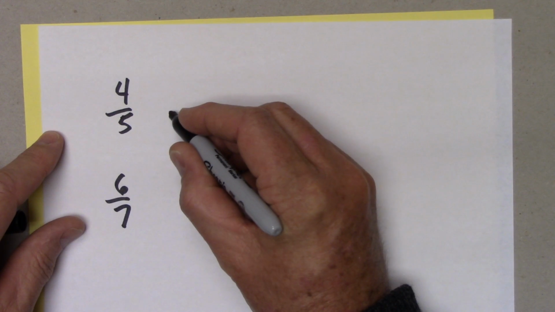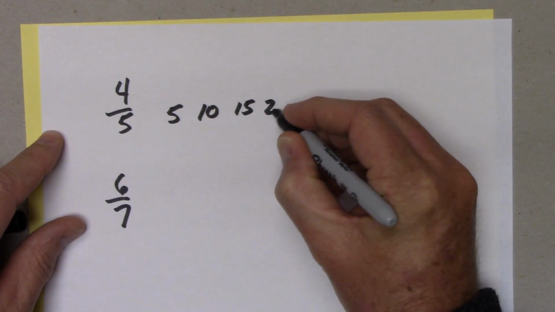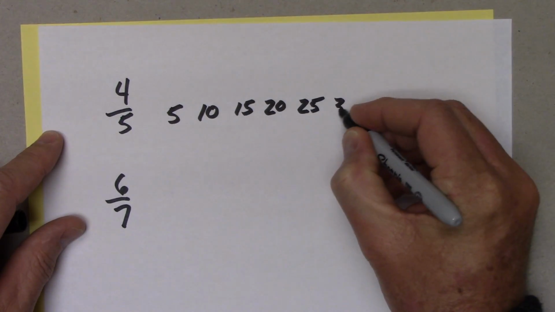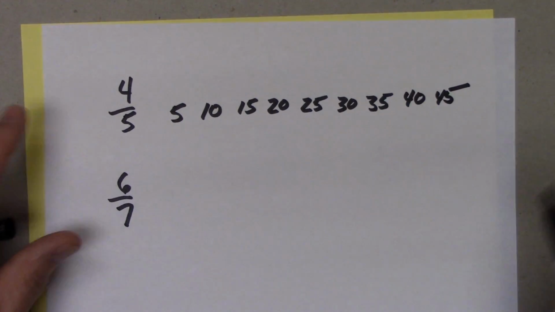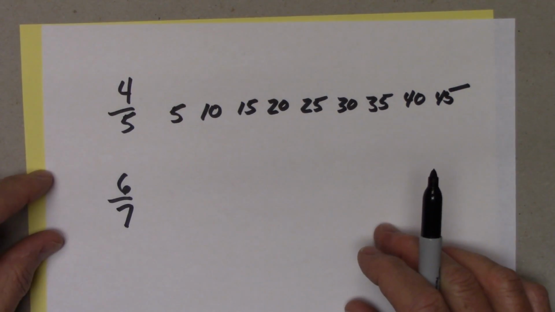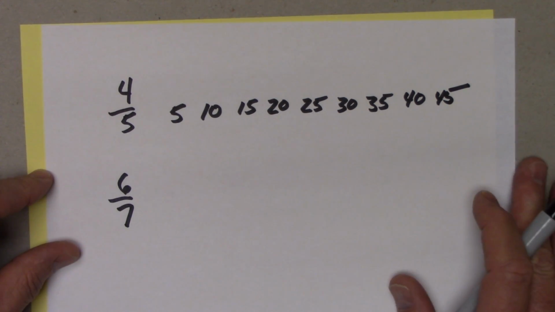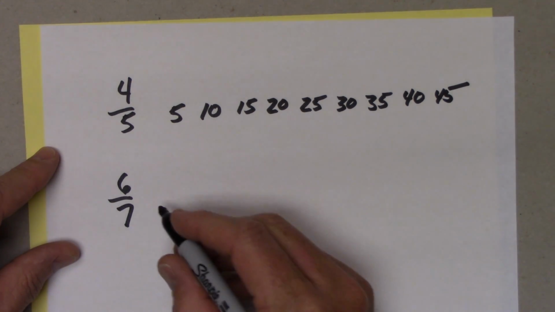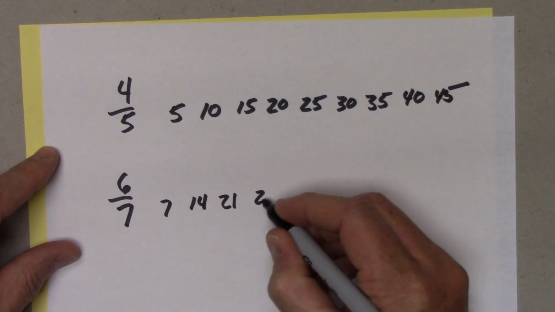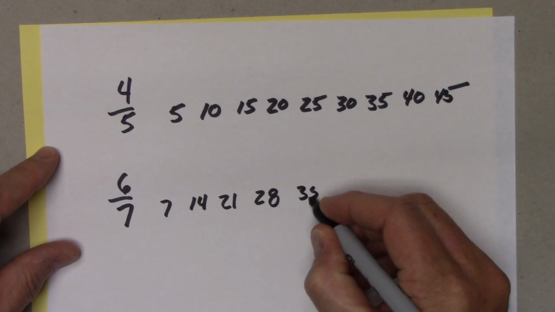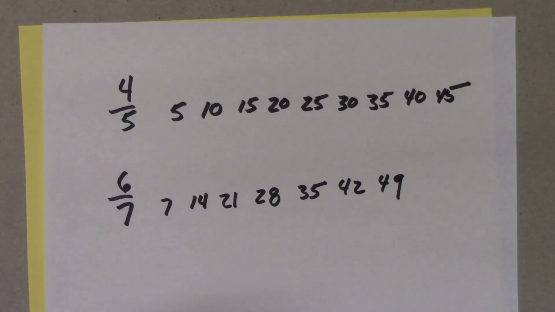So if we're going to count by 5s, we say 5, 10, 15, 20, 25, 30, 35, 40, 45, and so on. We can go forever, right? Then we count by 7s, or multiply 7 by those numbers that we have in our mind. 7, 14, 21, 28, 35, 42, 49, and so forth.